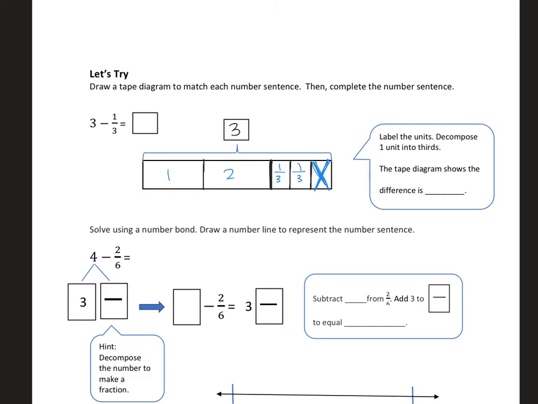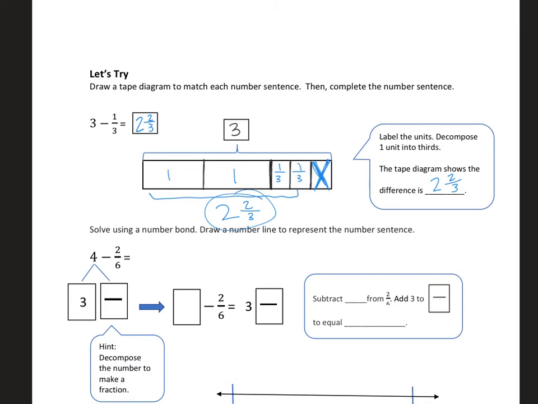So I guess I really should have written 1 right here instead. All right, so 1 plus 1, I have 2 wholes now. And I have 1/3 plus 1/3 is 2/3, so that's going to give me 2 wholes and 2/3 as my answer. So I'm going to write 2 2/3 here. All right, and then in the little speech bubble it says, the tape diagram shows the difference is 2 2/3.